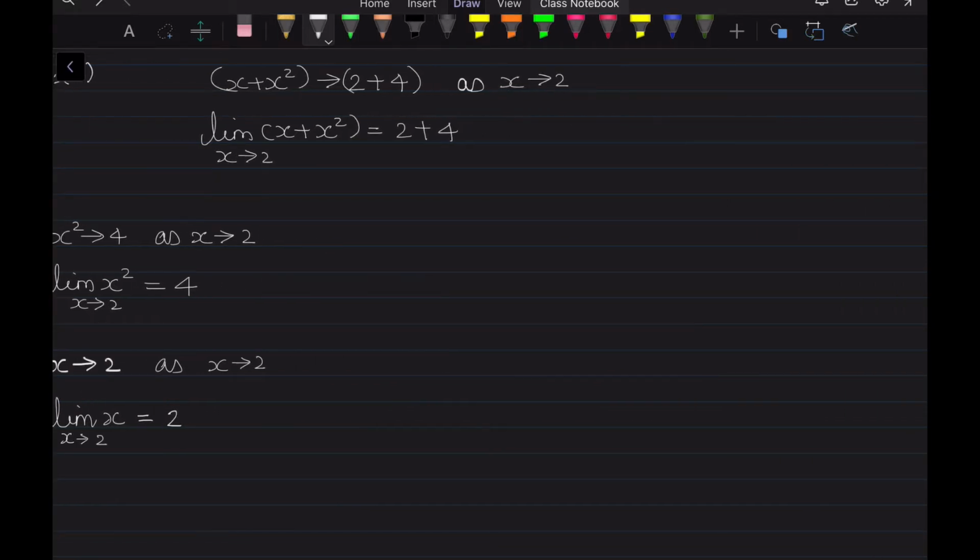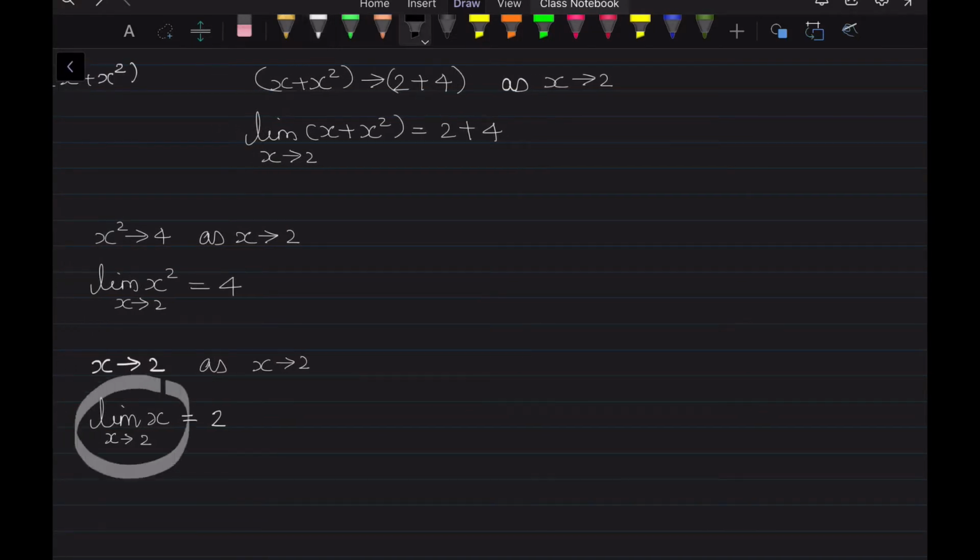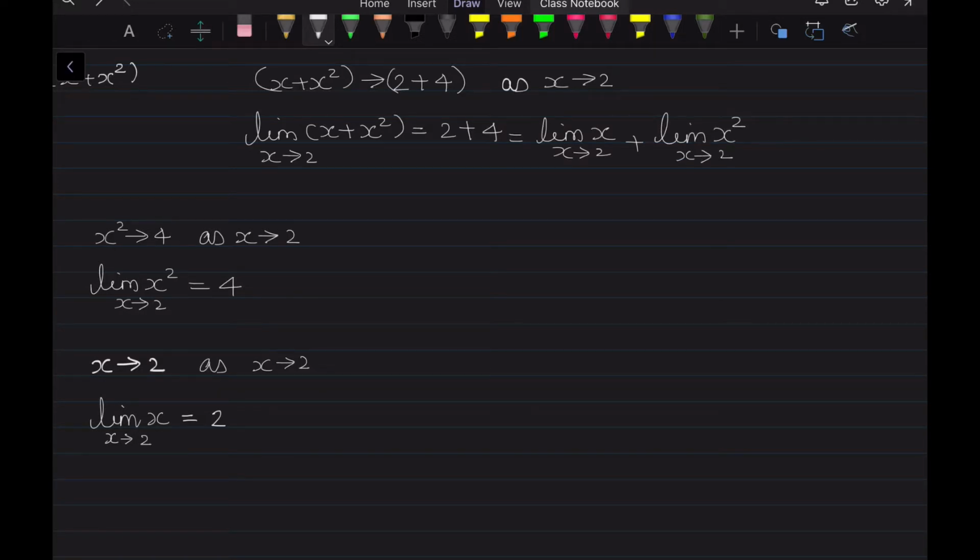Now I'm writing limit of x as x approaches 2 for 2 and limit of x square as x approaches 2 for 4 to get limit of x as x approaches 2 plus limit of x square as x approaches 2. I will quickly write it as limit of x plus x square as x approaches 2 is equal to limit of x as x approaches 2 plus limit of x square as x approaches 2.